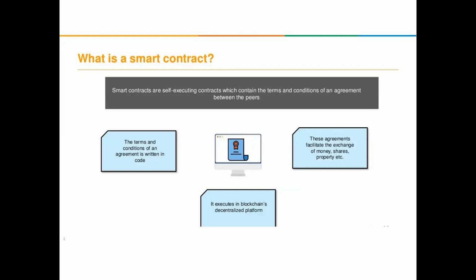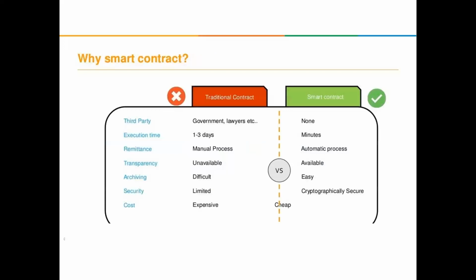If you look at the traditional and the smart contract approach, a smart contract is very fast as compared to a traditional contract. Secondly, it is more secure because no one can back out after the smart contract deal is done, because the amount is automatically transferred from that account to the other party.